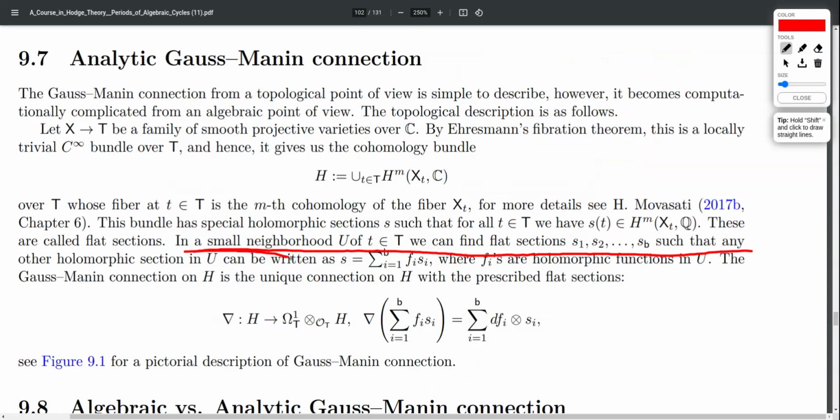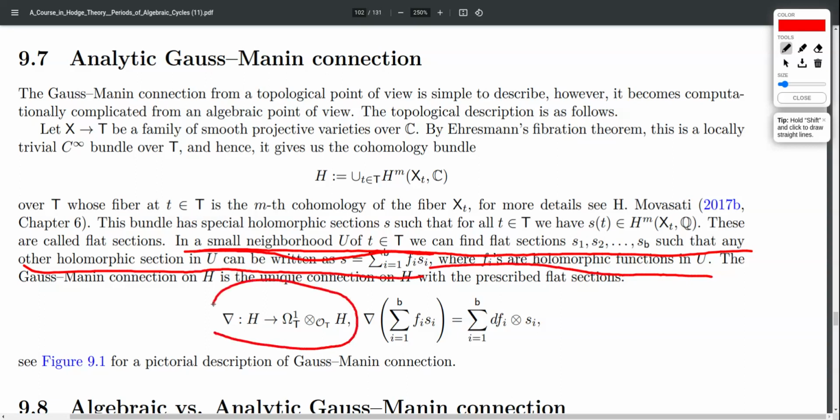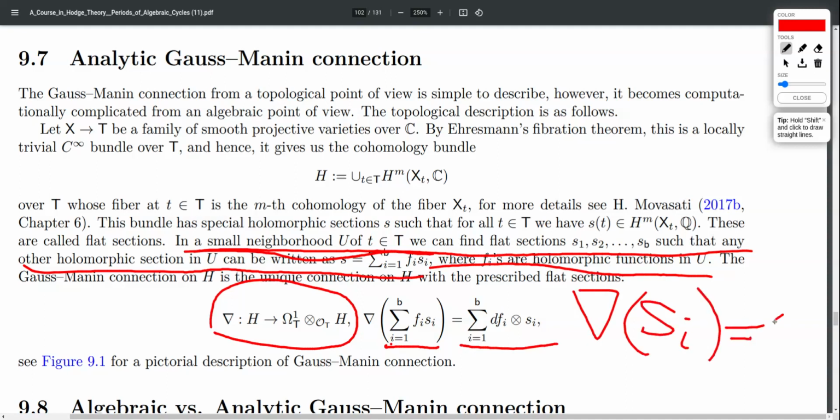So in a small neighborhood U of T, we can find sections s_1, ..., s_b such that any holomorphic section on U can be written as a combination of s_i, with f_i being holomorphic functions on U. And then we define this connection on the cohomology bundle, which sends the sum of f_i s_i to df_i tensor s_i. So by definition, nabla s_i is zero, and this means that s_i is a flat section.